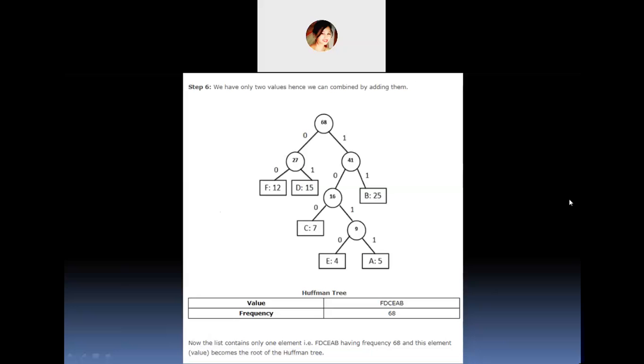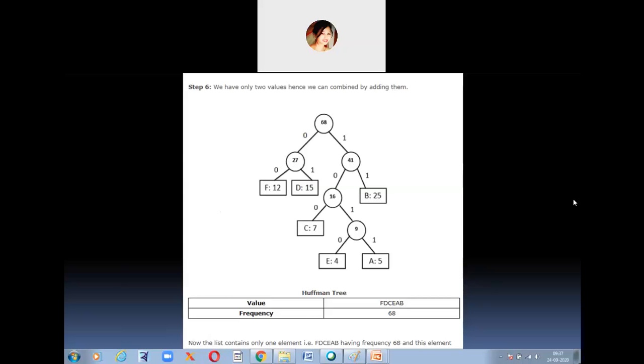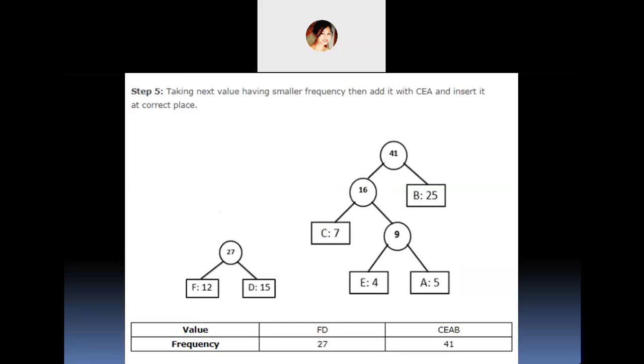Finally when you add up these two, you get 68, right? So we join this subtree with this finally, but before that we couldn't join it because it was greater than the other nodes. Sajib, I can't hear your voice. Okay, understood. Did you get it now?